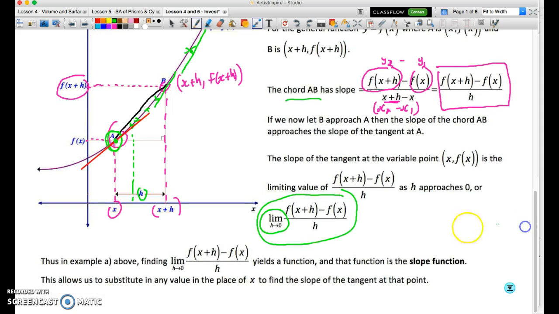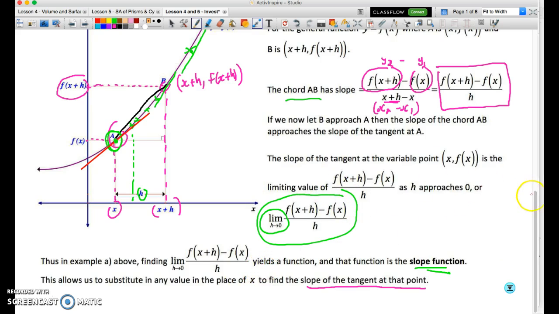Okay, and so what this is, as I mentioned before, is the slope function, and as you'll see detailed here, what that allows us to do is to find the slope of the tangent at any point on the graph by substituting in different x values.